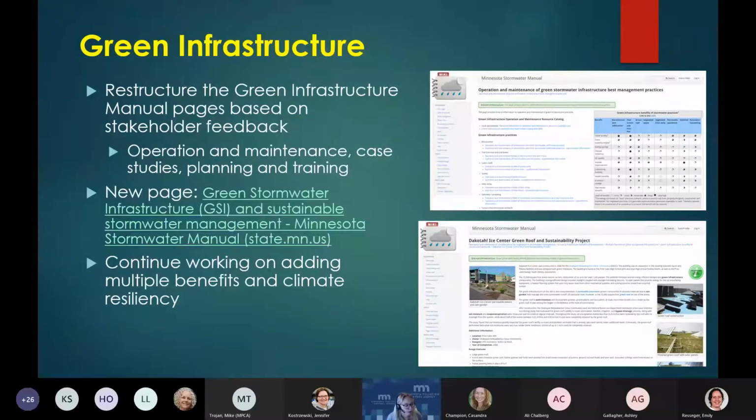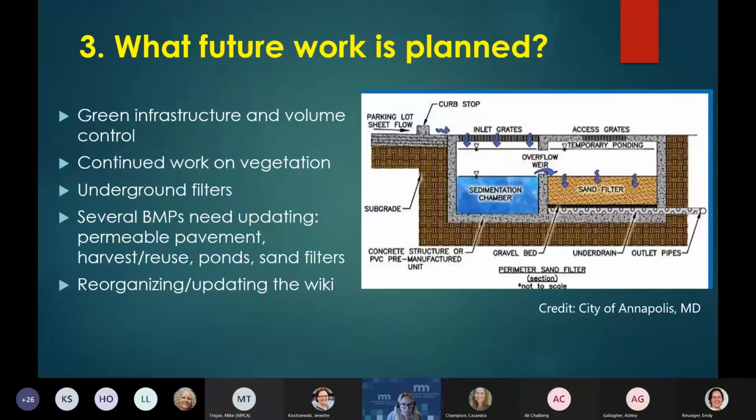And then we also want to tie in that climate resiliency piece and what that looks like. We're still building and brainstorming what that could look like for green infrastructure going forward. So I think, Mike, it's back to you.